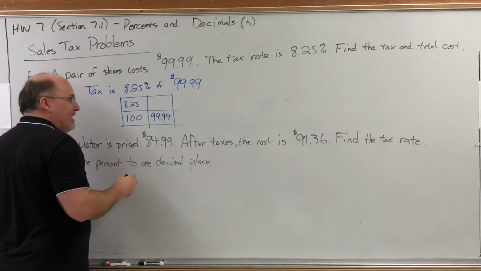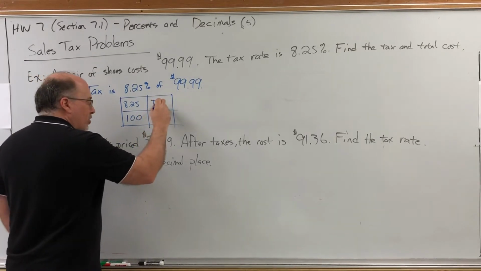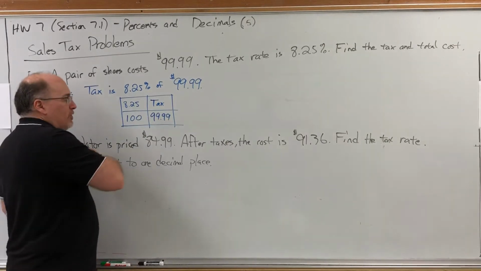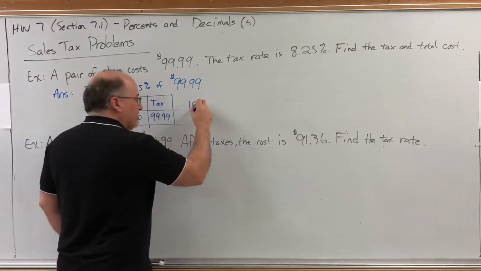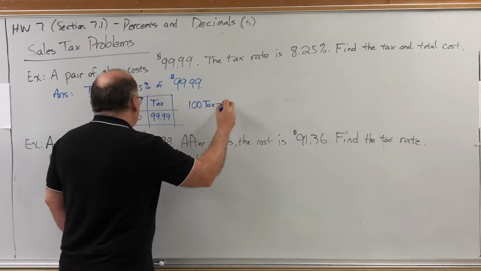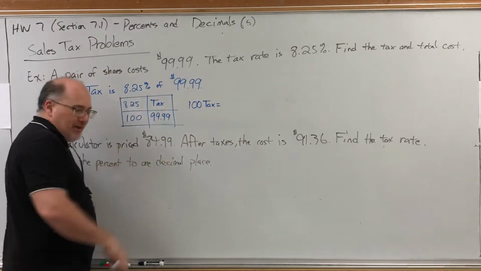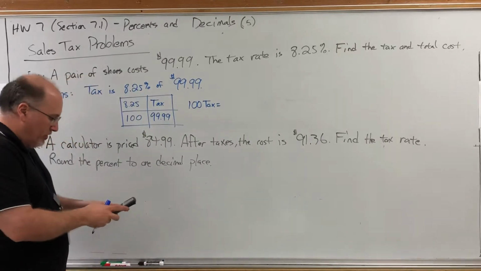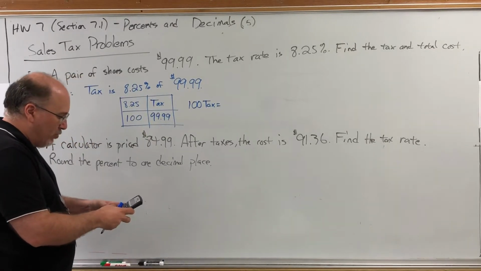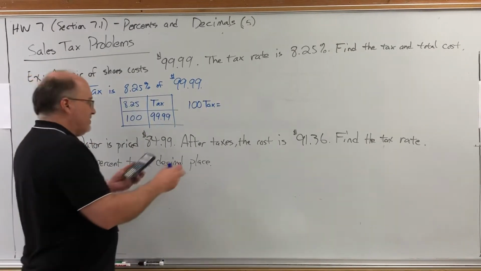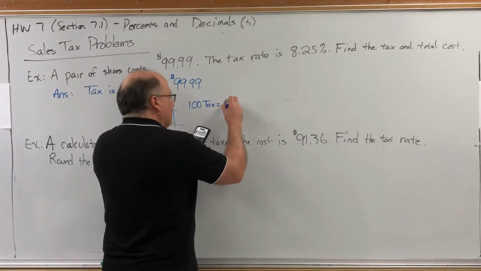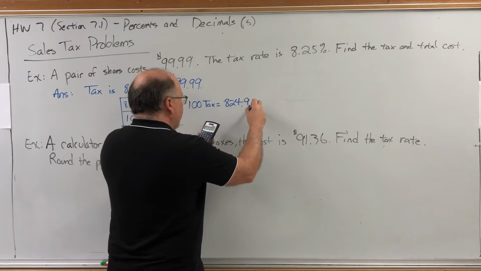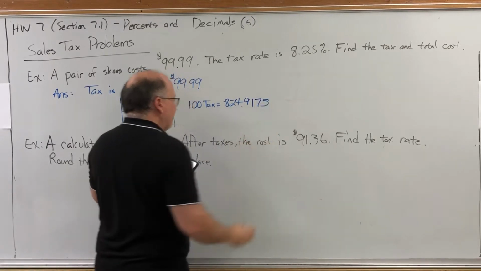Now I could write the X there, or I could just put the word tax, because that's what we're looking for. If we cross multiply upwards, we get 100 times tax is equal to, and if we multiply the other way, a calculator would be handy. 8.25 times 99.99, we get, if I write it all out, 824.9175.